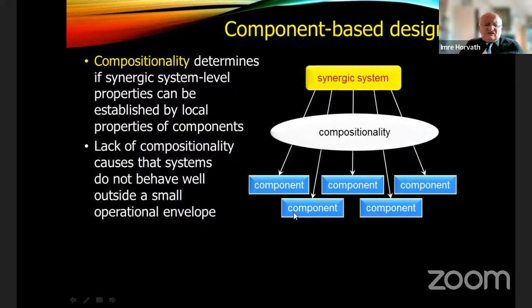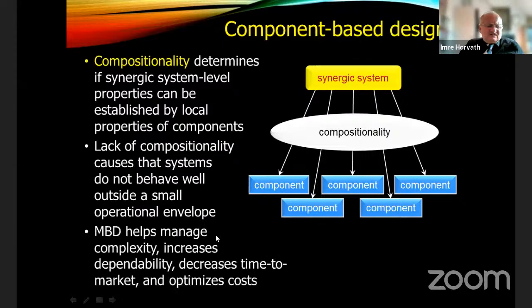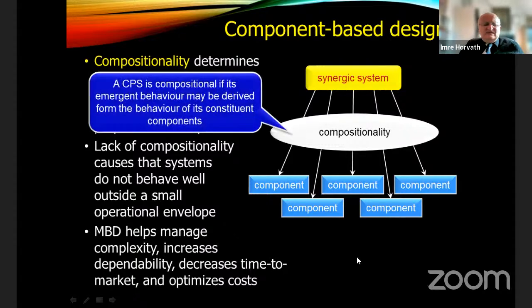That is a consequence of the dependence of the components on each other. Model-based design helps manage complexity, increases dependability, decreases time to market, and optimizes cost, but actually it only very vaguely addresses the compositionality issue.